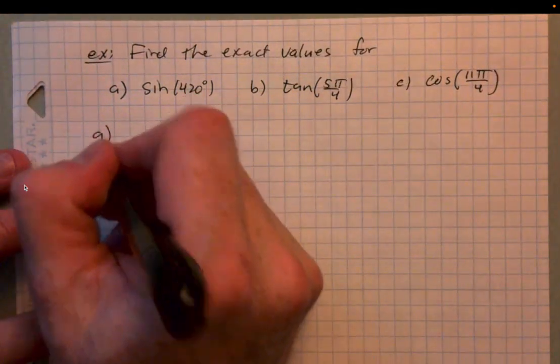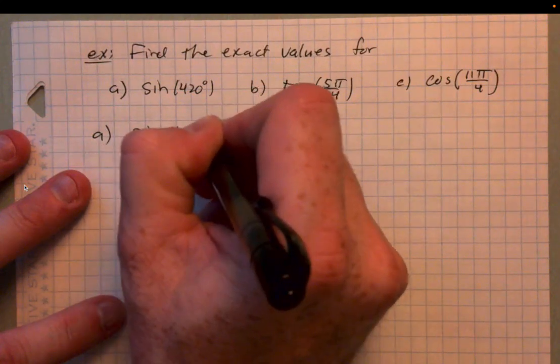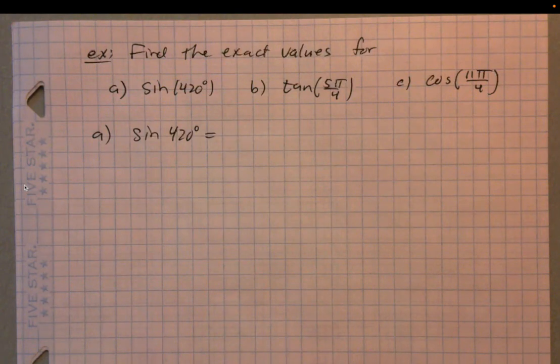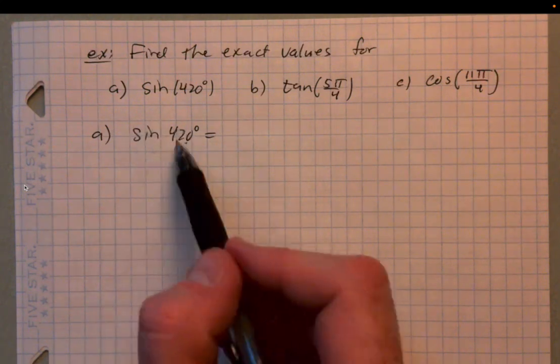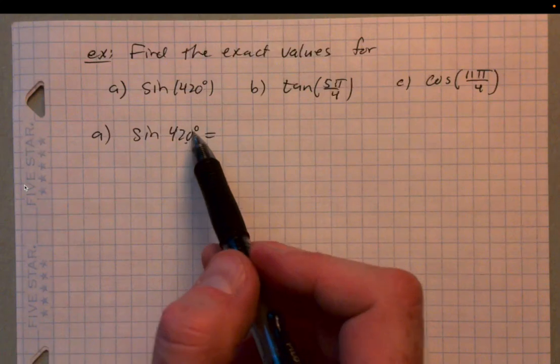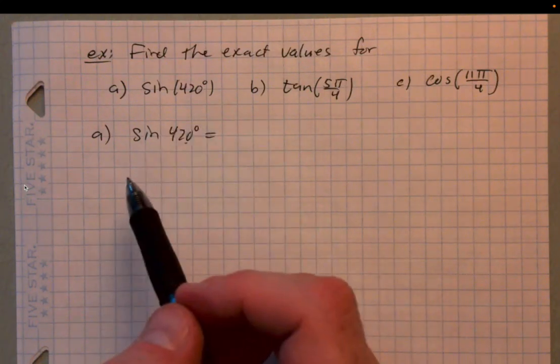So for A, we have the sine of 420 degrees. Well, I know that sine is periodic with period 360 degrees, right? So whatever sine of 420 degrees is, it's going to be equal to sine of 420 degrees plus 360 and 420 degrees minus 360.